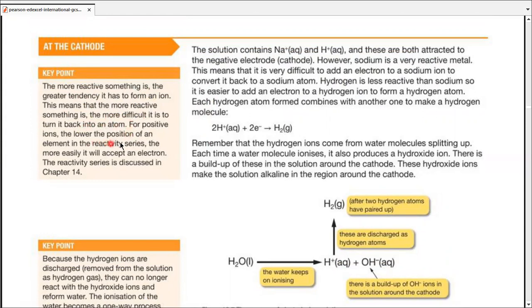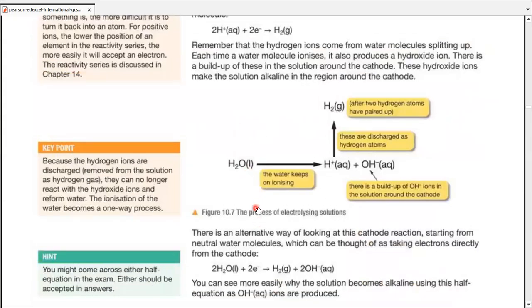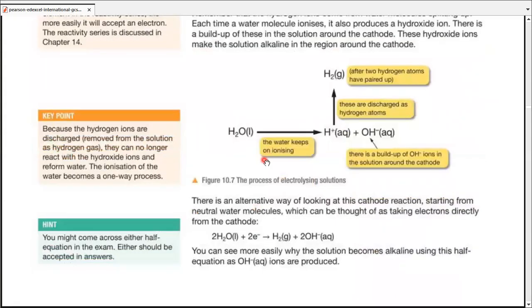For positive ions, the lower the position of an element in the reactivity series, which we're going to study in chapter 14, the more easily it would accept an electron. Hydrogen easily accepts an electron. On the other hand, sodium ions do not accept electrons with the same ease.